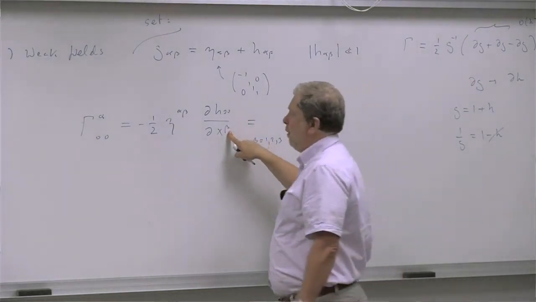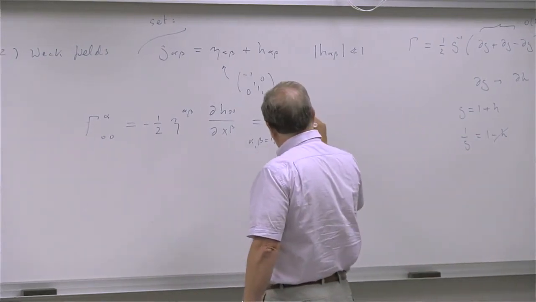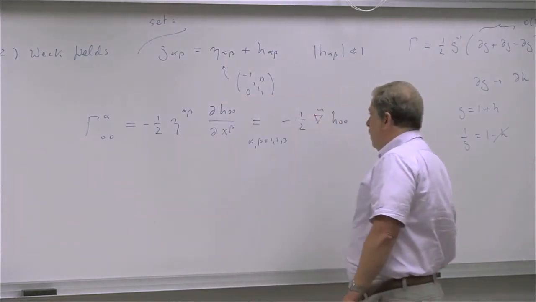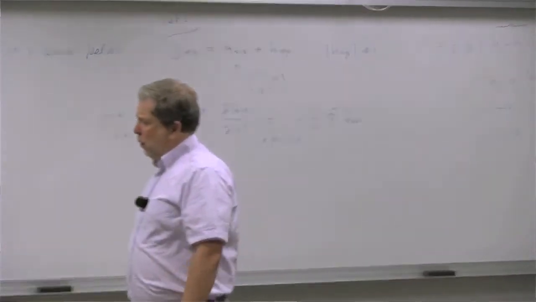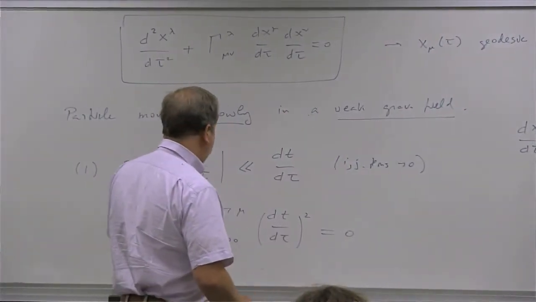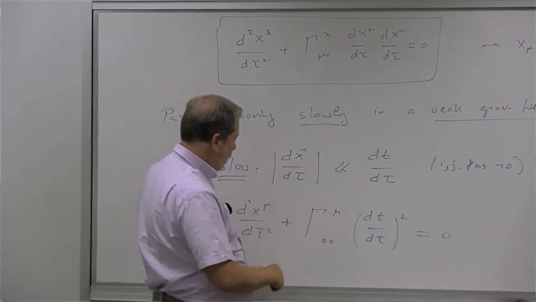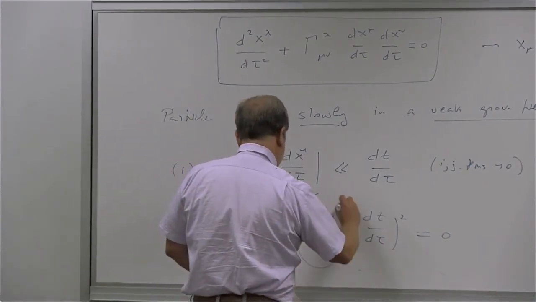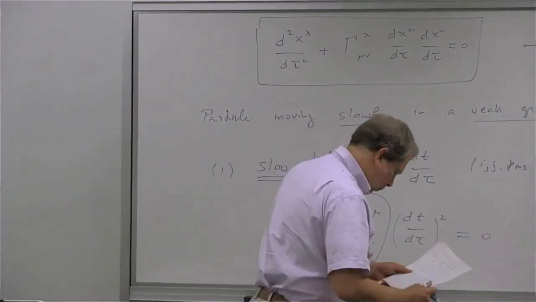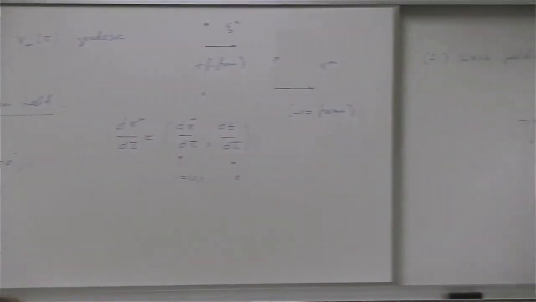So it's minus a half times the gradient of h naught naught. All right, so assuming a weak gravitational field, with everything time independent as far as the field is concerned, we've nailed down what this thing is. So we can insert that.